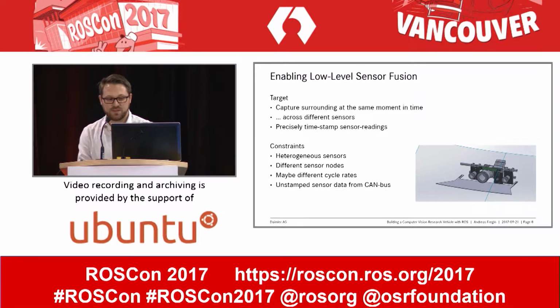All right, second thing is the prototypical hardware that we added to the car, like cameras and lidars. Whenever you want to use data from multiple sensors in low-level sensor fusion, you need two things: timestamps and frame IDs. And with frame IDs, I mean a sensor-to-sensor transformation. Regarding time, we ideally want to capture the surrounding at the exact same moment in time, and this across all different sensors at best.